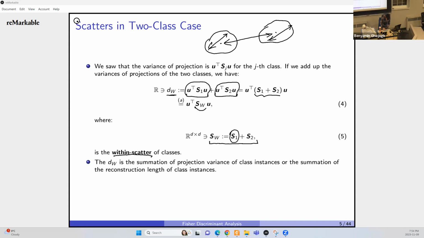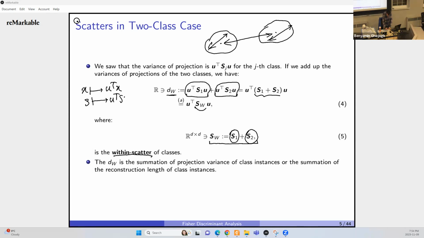Assume S1 is the covariance matrix of class 1, S2 is the covariance matrix of class 2. SW is the summation of covariance matrices of classes. I call it within scatter. So far clear? And what are these DW and DB? So do you remember I told you, when you project X on U transpose X, what happens to the covariance matrix?